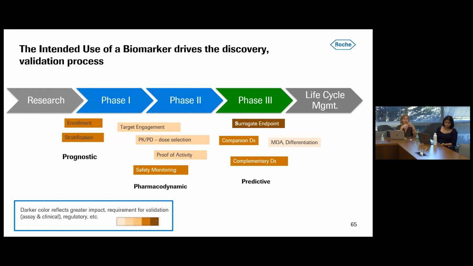We're still developing these drugs. We're not making treatment decisions. We're just interpreting our clinical trial results. So depending on how you use your biomarkers, that really drives the validation. When people talk about a validated biomarker, do they mean analytical, or clinical, or do they need both? Again, it depends on what the intended use is. Is all of that clear? And I'll leave it at that.